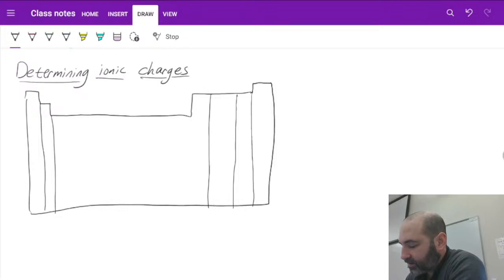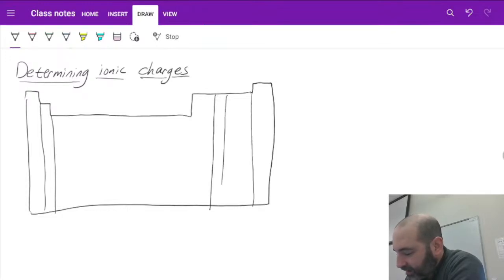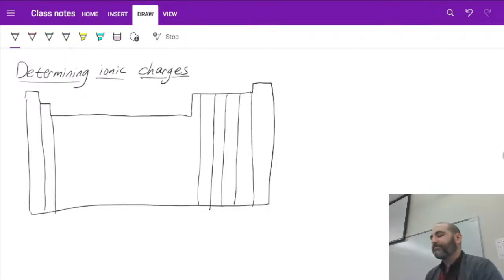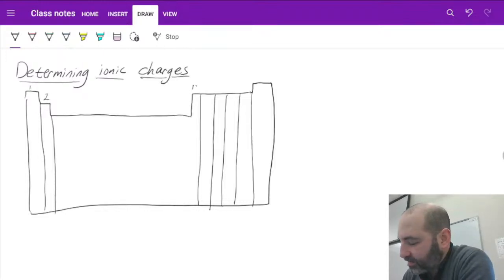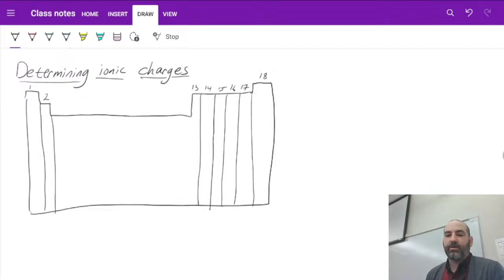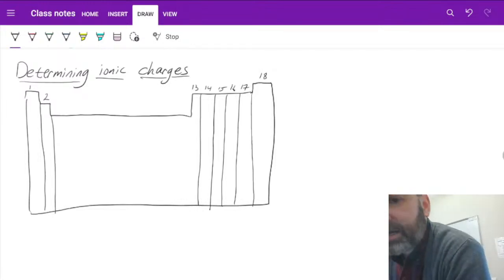I should have made these lines a little bit thinner so we can fit all 5 columns in here. I should have probably made that a little bit bigger, sorry. Okay, that's fine. So up on the periodic table, we've got 1, 2, and then coming over here, we've got 13, 14, 15, 16, 17, and 18. So if you've got a periodic table, you can pull it out and see what the actual atoms are.